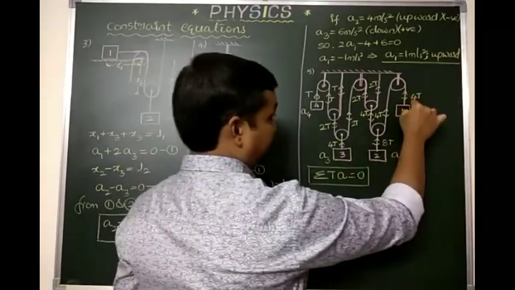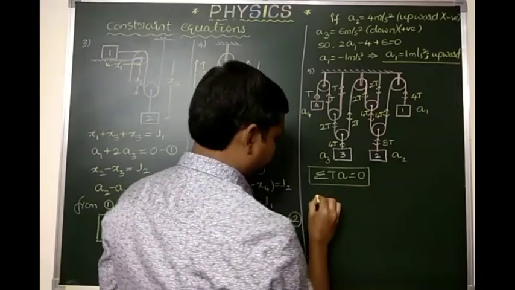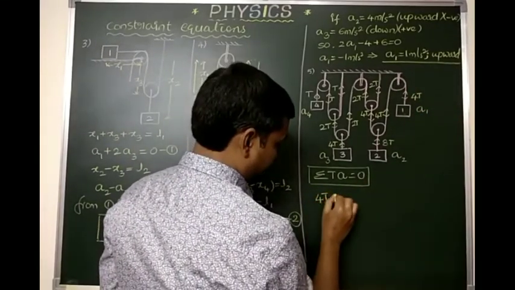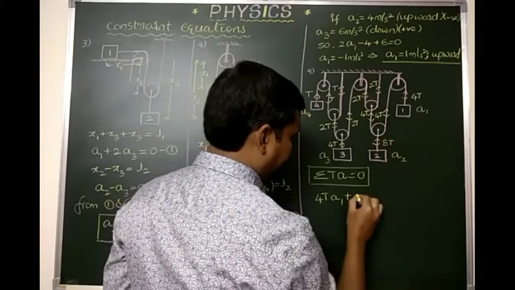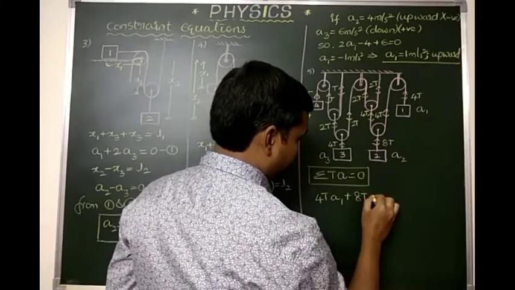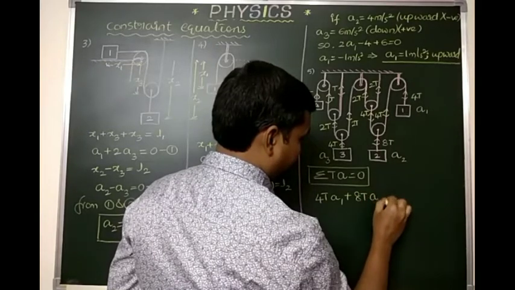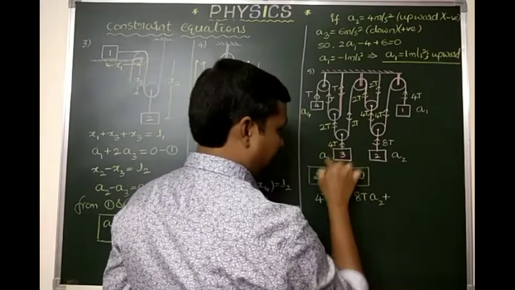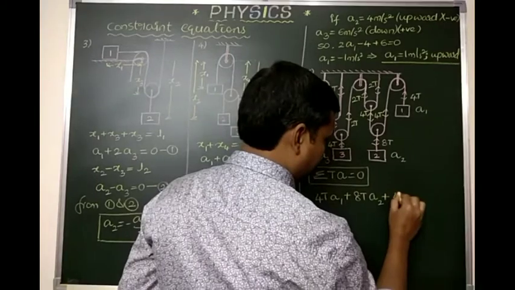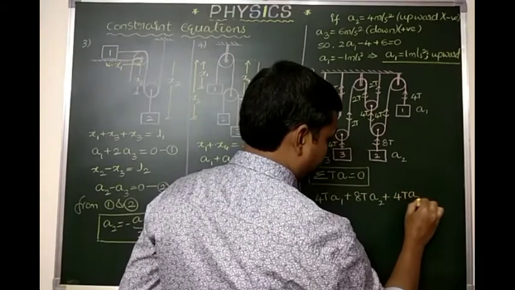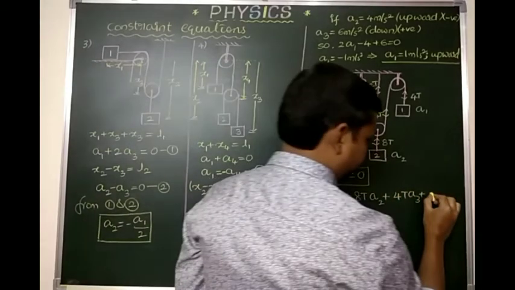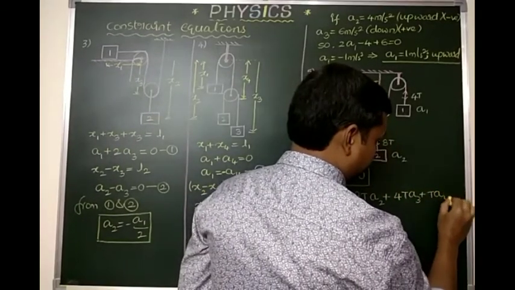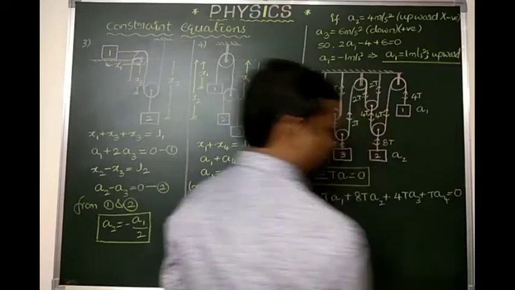So 4T into A1 plus 8T into A2 plus 4T into A3 plus T into A4 equals 0.